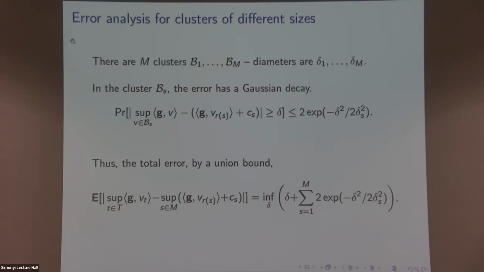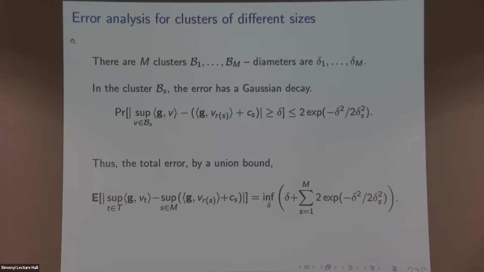Here, I'm just using the fact that for any positive random variable, the expected value of x is the integral over t greater than or equal to 0 of the probability of x greater than or equal to t. That can be upper bounded by delta plus the integral over t greater than or equal to delta of the probability of x greater than or equal to t. This is true for any positive random variable: its expectation is the integral over the CDF, which you can split like this.